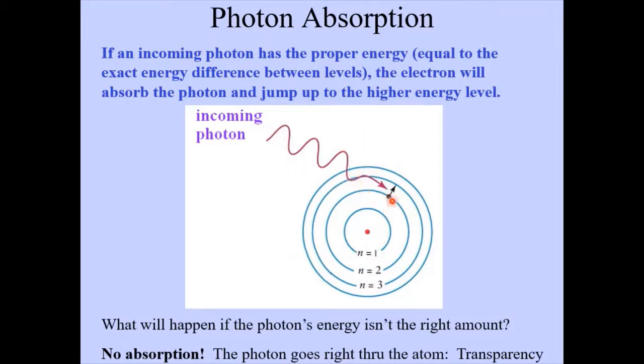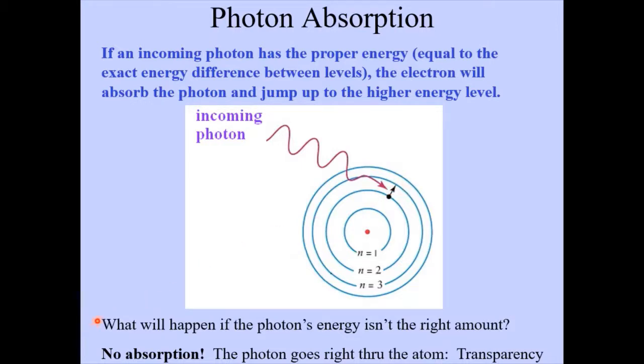It's like the electron is hungry for energy, so it eats this photon, but now the electron has more energy. So the electron has to jump up to this next energy level. So this is how light is absorbed in different materials. The photons are absorbed by electrons, and the electrons jump up to higher energy levels.